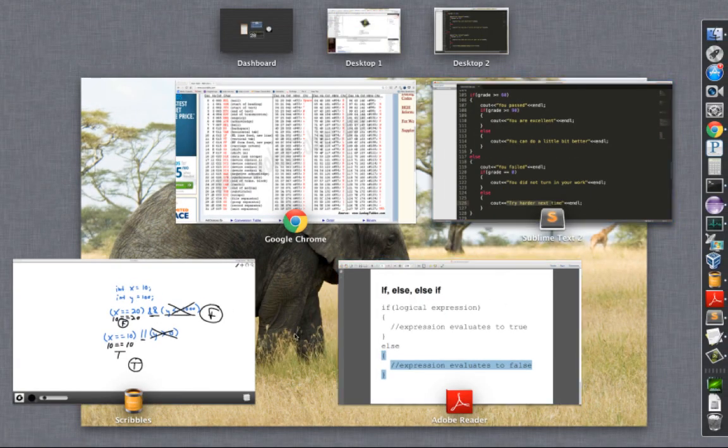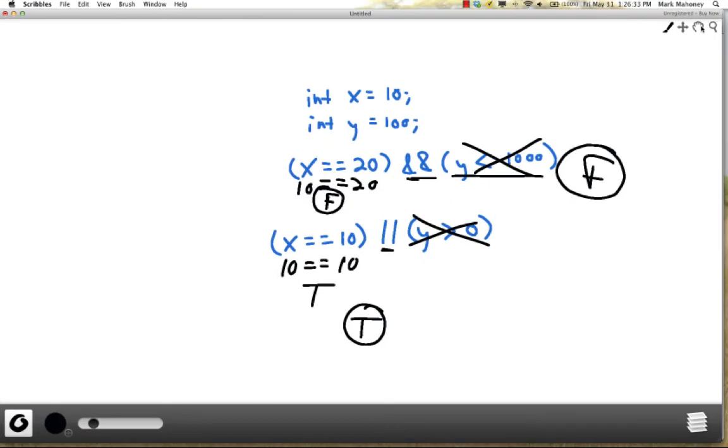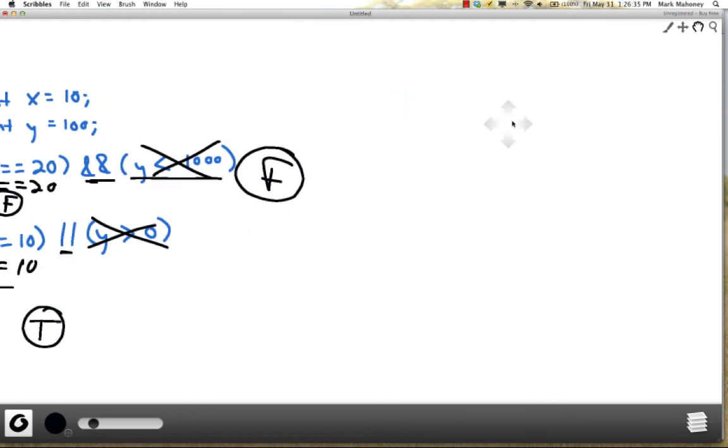Okay, so really there are 4 paths through that code. Right, so we had this kind of sequential flow of control, and then we said, well, did you pass? And based on the values inside the grade, maybe you did, maybe you didn't.